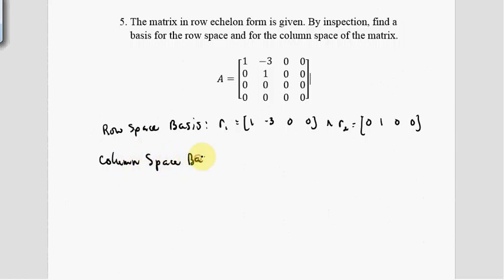Column space basis would be C1 and column 2.